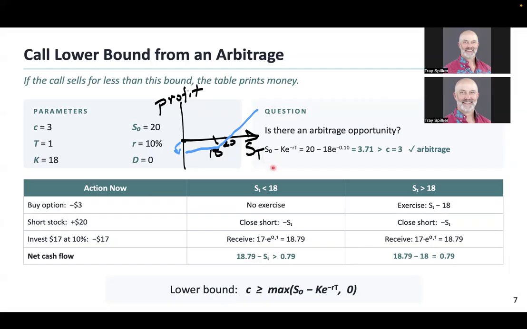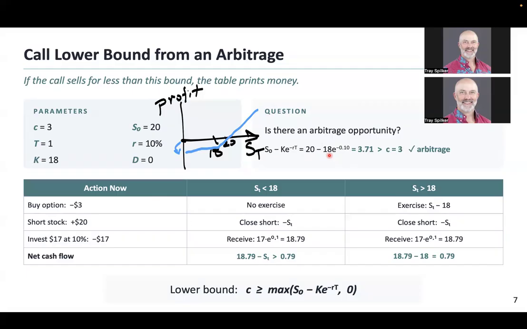Okay. So the first question is, is there an arbitrage opportunity? Well, when we plug in our intrinsic value formula for this European style call option, and we know it's European because I've used the lowercase c over here, we know the share price is 20 bucks, plug that in. And then we back out the present value of the strike price, and we use the present value of the strike price because this European style call option cannot be exercised early.